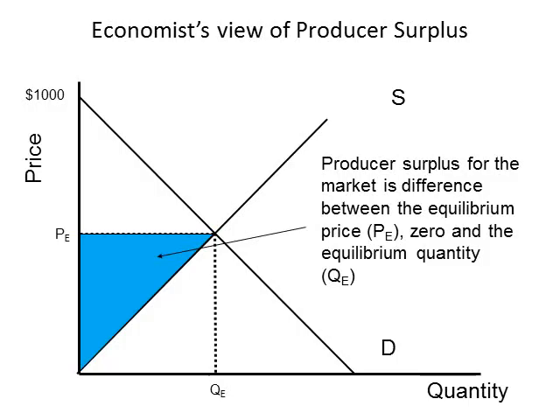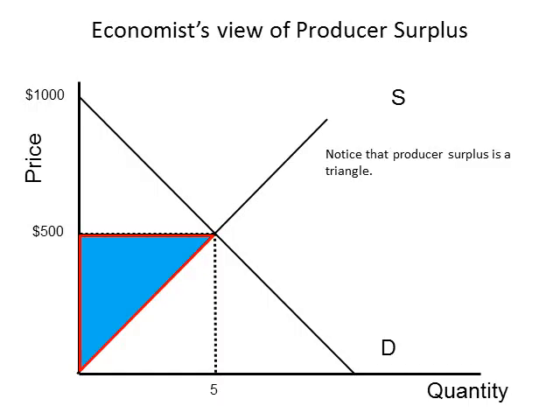The way an economist would represent the producer's surplus is the area between 0, the equilibrium price, PE, and the equilibrium quantity, QE. You may notice that the producer surplus is a triangle.